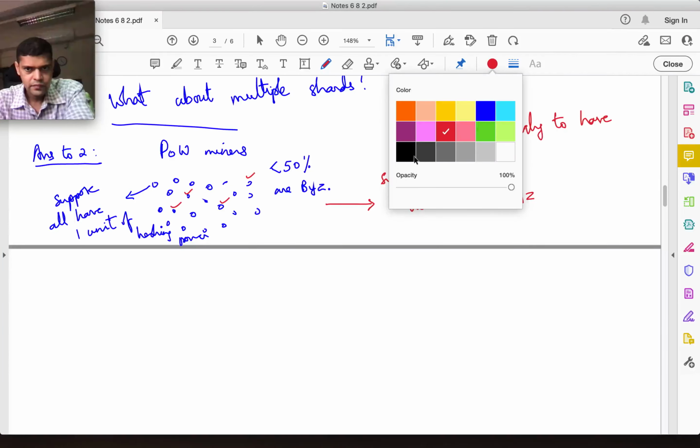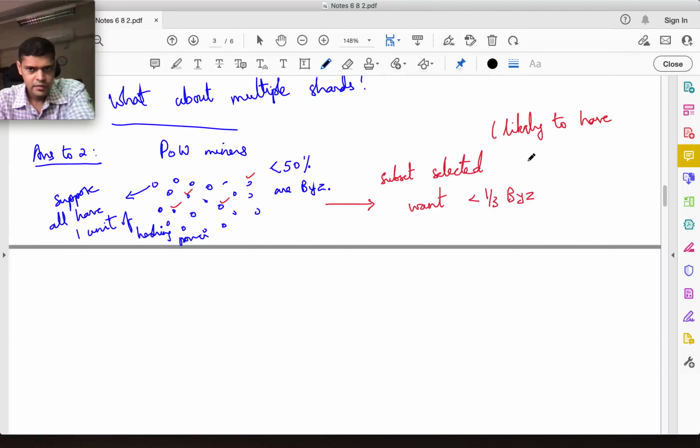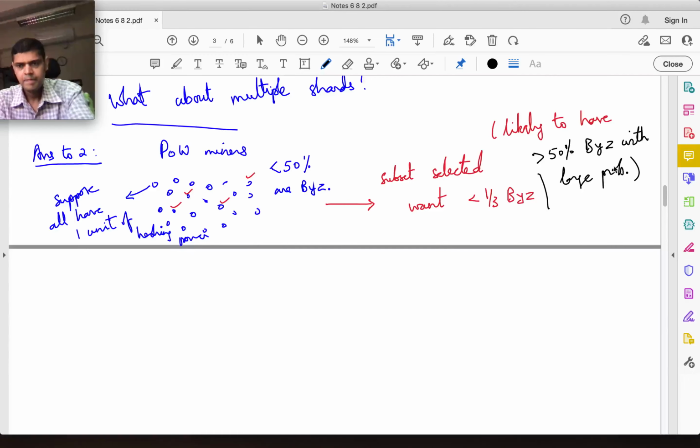So this is going to be an issue, and we are likely to have a large fraction, likely greater than 50%, with a large probability.